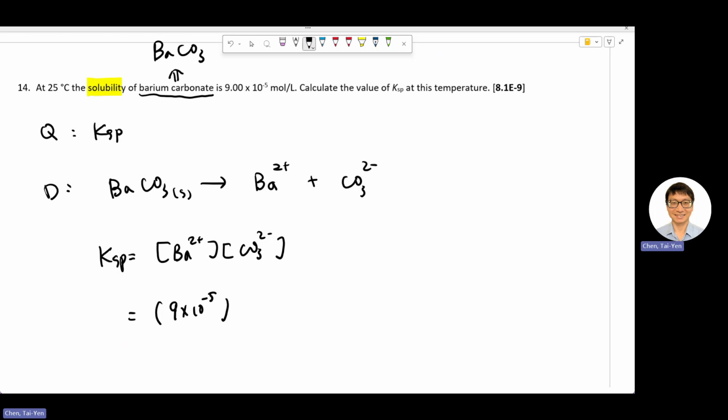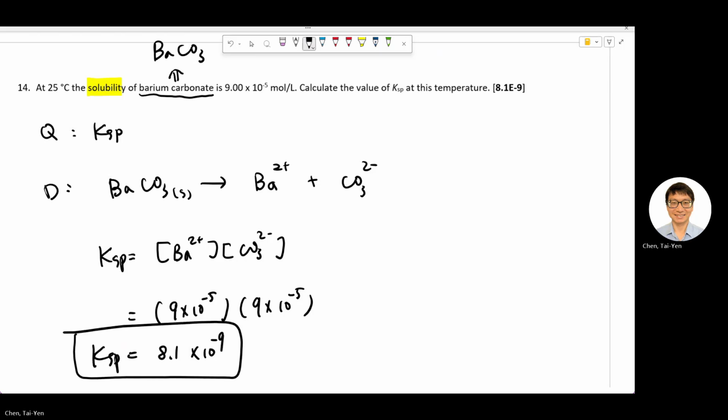Yes, it is the same value. So what's the answer? Is this correct? Yes, it is correct.